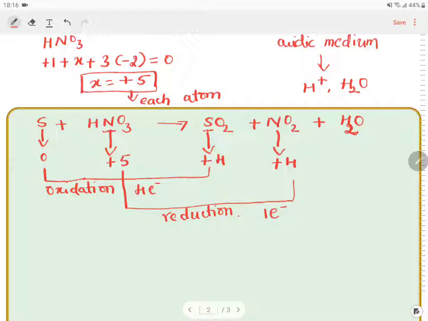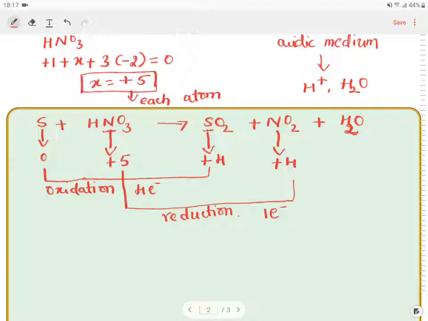So we found out the element which is undergoing oxidation and reduction, its central atom and the number of electron change. What's the second rule? Second rule is balance the central atom on both the sides. So simple here, one sulfur here, one sulfur. No need to multiply by any number. One nitrogen and one nitrogen. So here also no change.